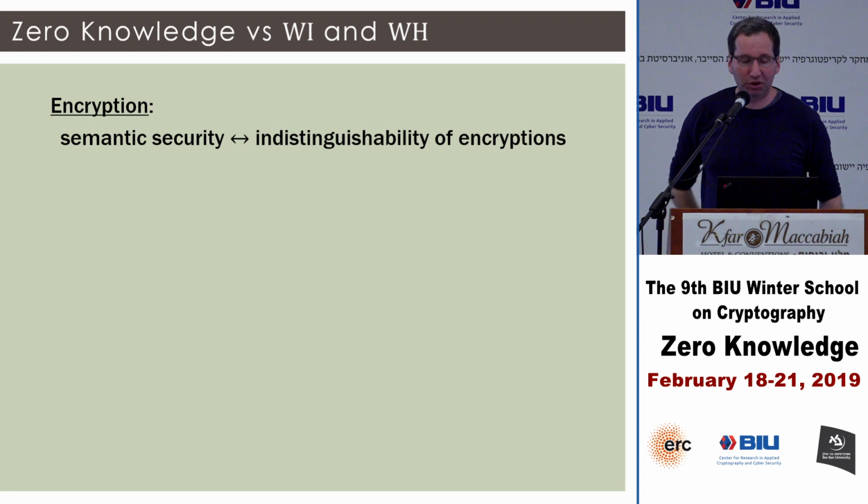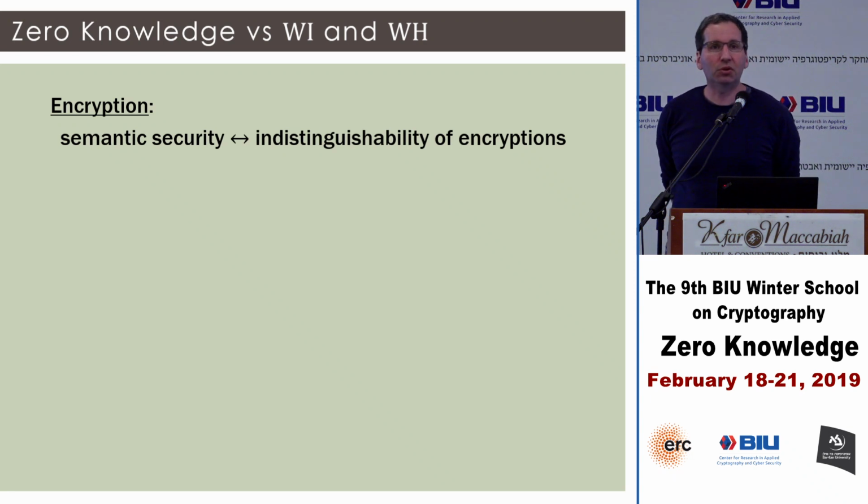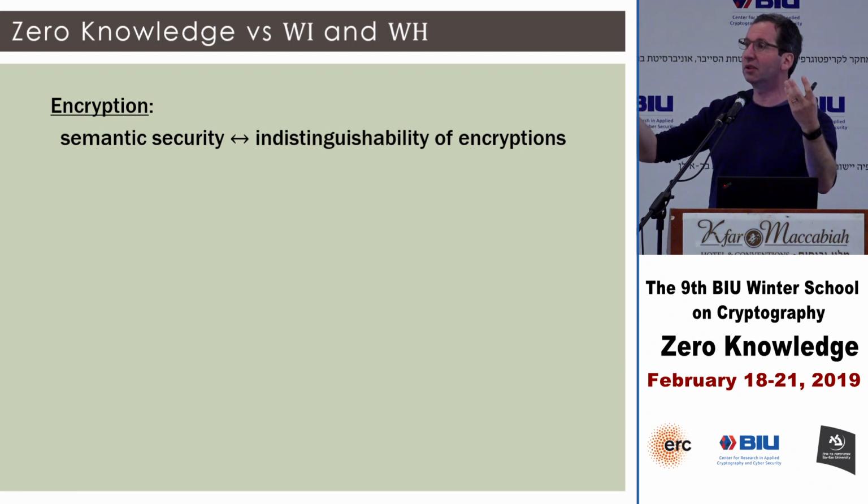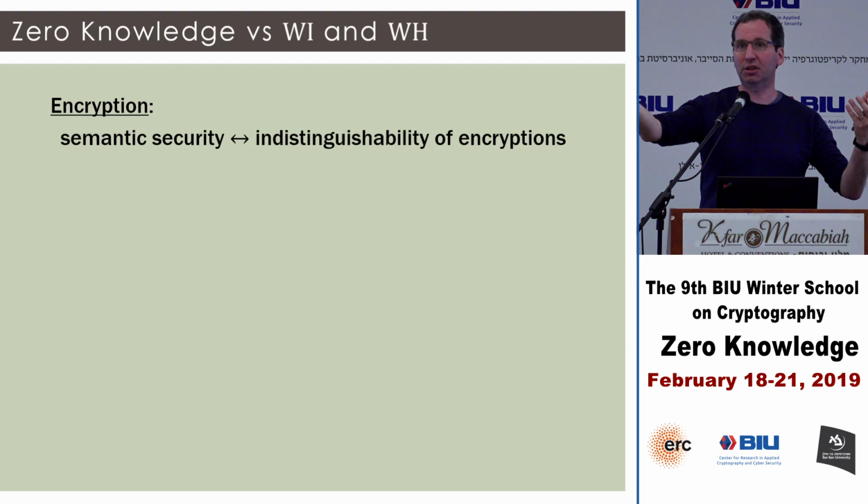Another point for thought. I want to make an analogy between zero knowledge and semantically secure encryption, and between witness indistinguishability and the indistinguishability of encryption. As some of you might recall, we have two equivalent definitions of security for encryption. One is indistinguishability of encryption, meaning that you cannot distinguish whether I encrypted one message or the other.